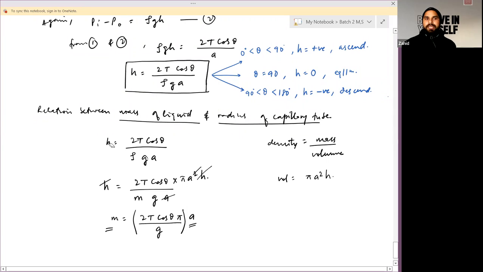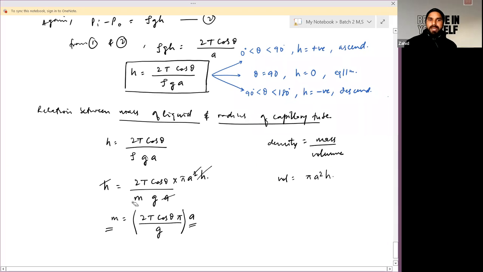Initially, we had h equals 2T cos theta by rho g A. So depending upon theta, we can define whether it will rise or fall. Now we have to calculate in terms of mass. So density is mass divided by volume. Since we are discussing a capillary tube, which is cylindrical in shape, the volume of the risen liquid will be pi r squared times h. So just replace this density in this formula.